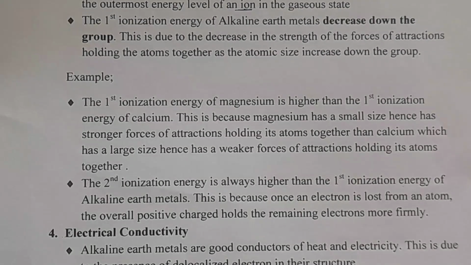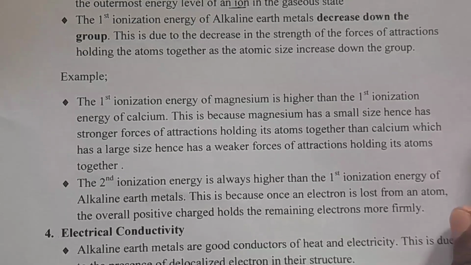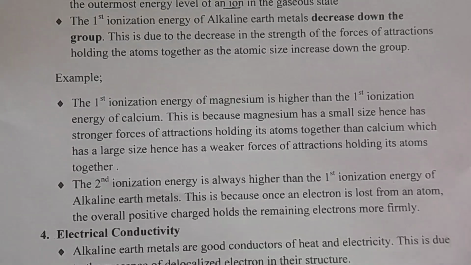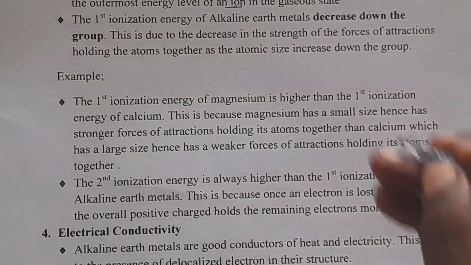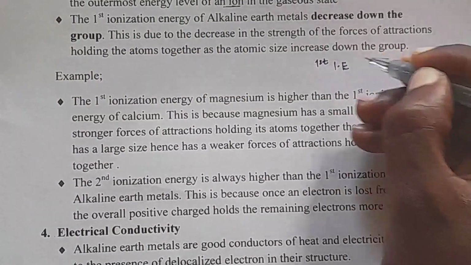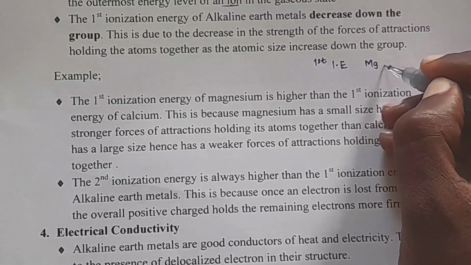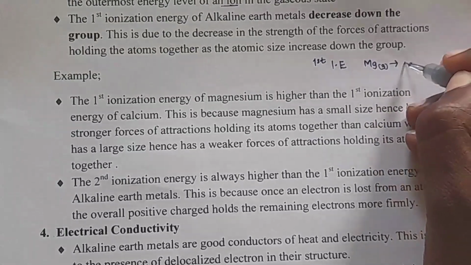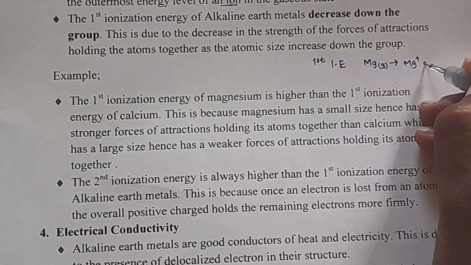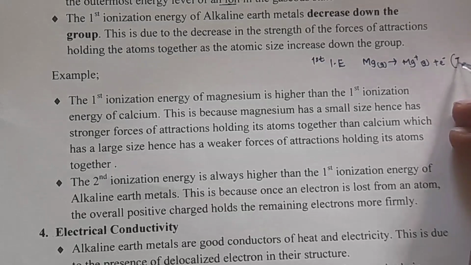Okay, how are we going to write the first and the second ionization energy of an alkaline earth metal? For instance, take magnesium. First of all, the first ionization energy of magnesium: we write a magnesium atom in the gaseous form, which then loses one electron, and this is the first ionization energy, which is 706 kilojoules per mole.